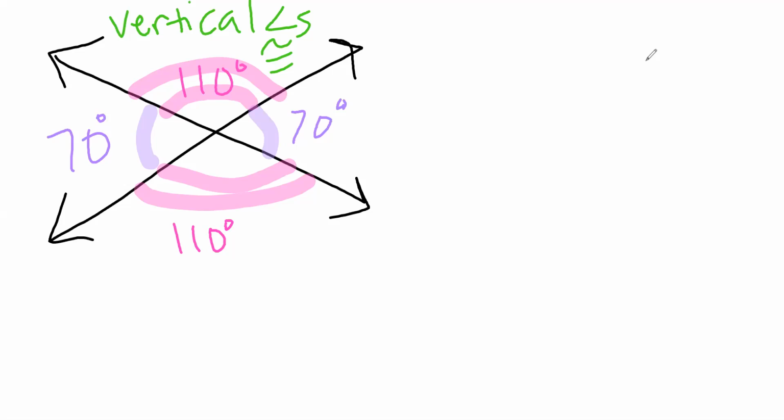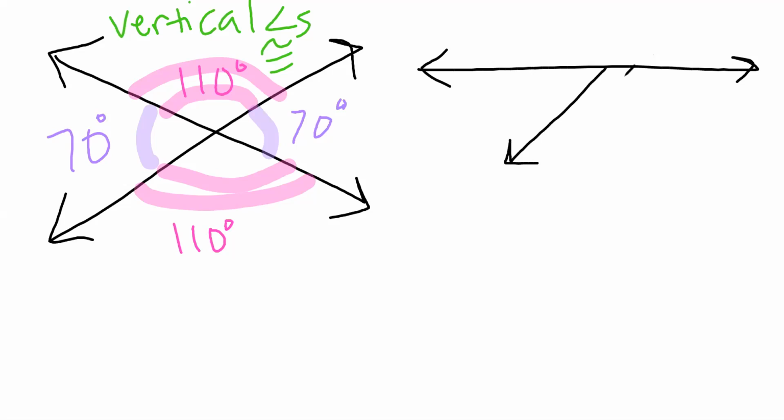I just used the word supplementary. The idea of supplementary is that the angles add up to 180. You see this with linear pairs. This is an example of a linear pair, because they actually form that line, but the two angles do not need to be adjacent, which means next to each other, in order to be supplementary. It's kind of like a Venn diagram.